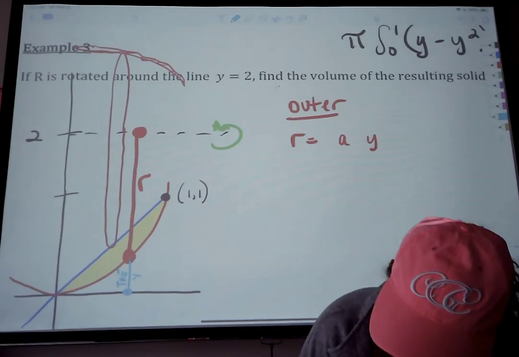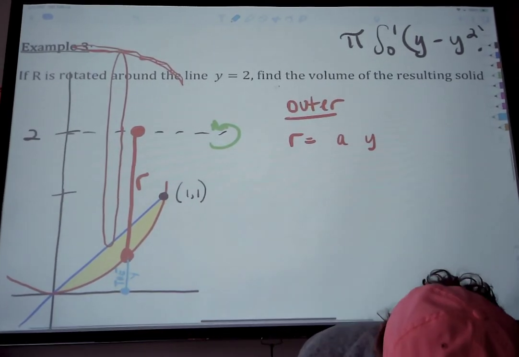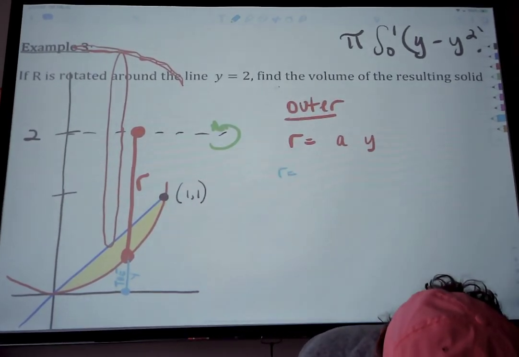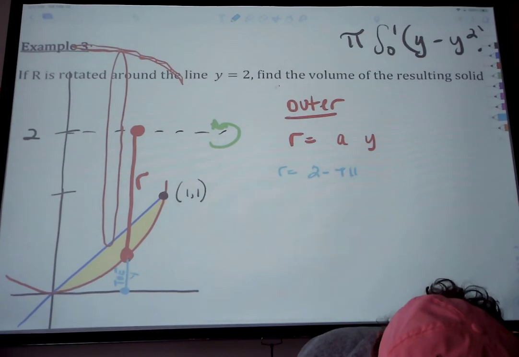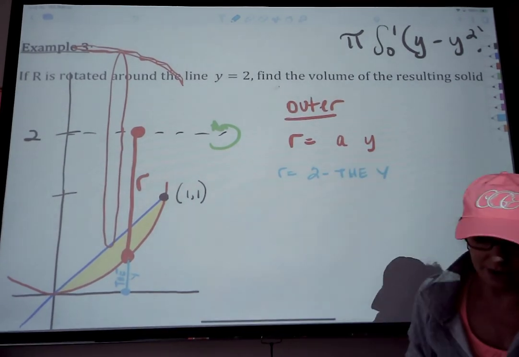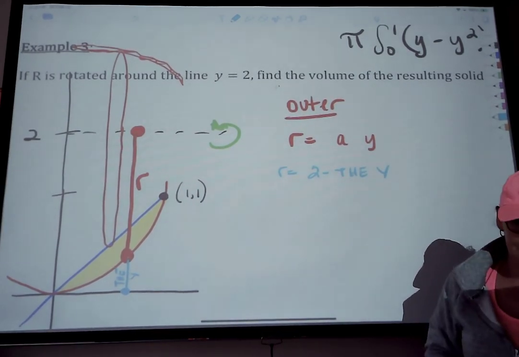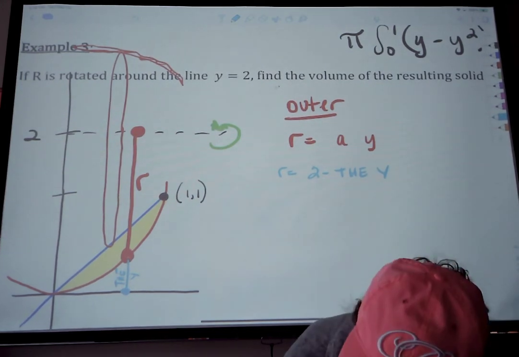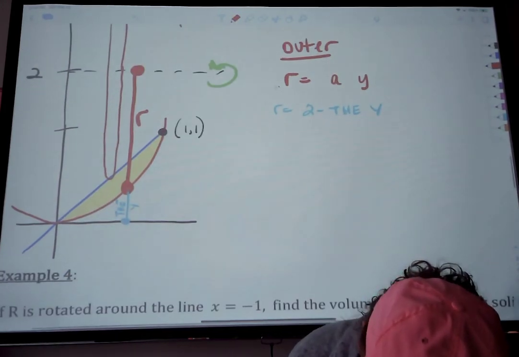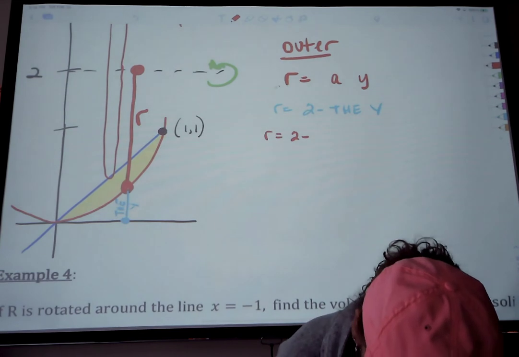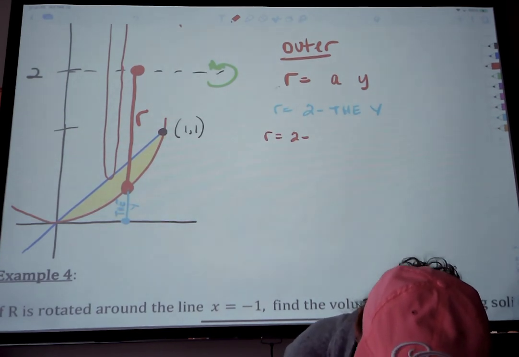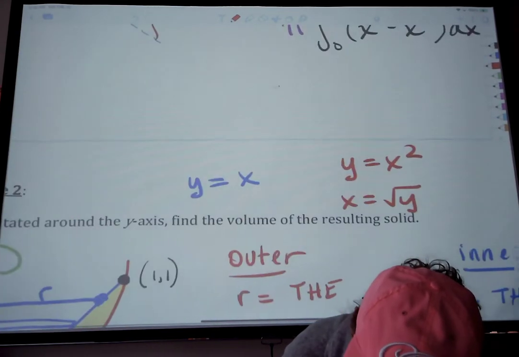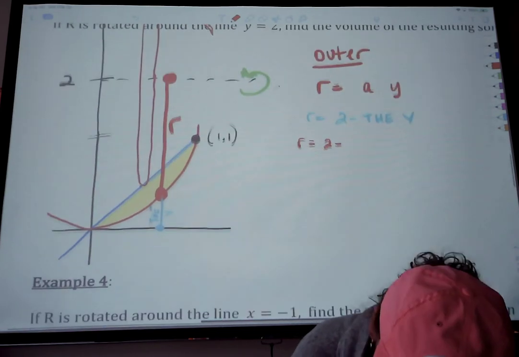So my radius needs to be 2 minus the y. Two minus the red y. 2 minus the red y.